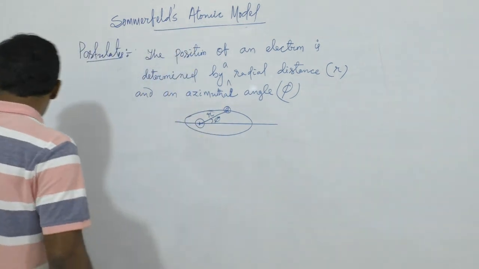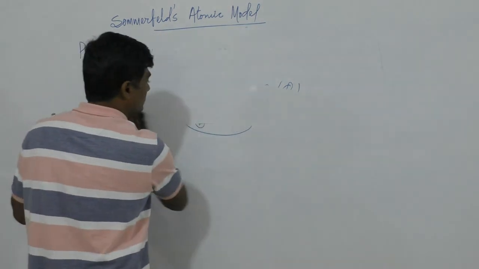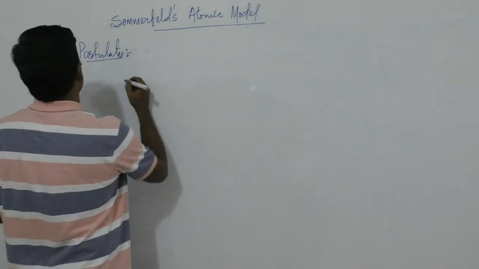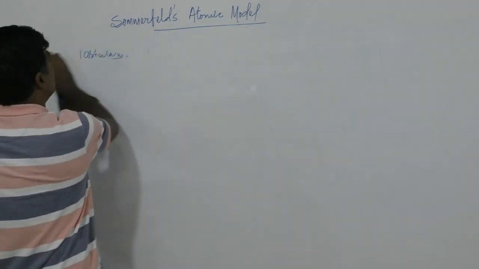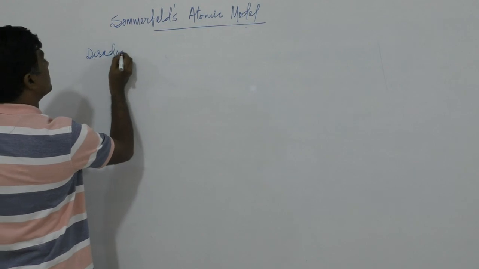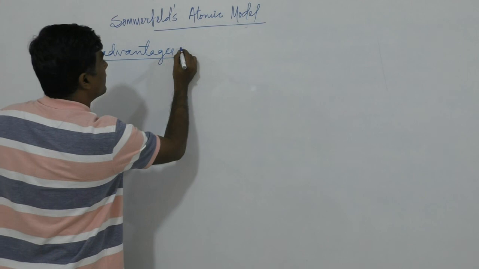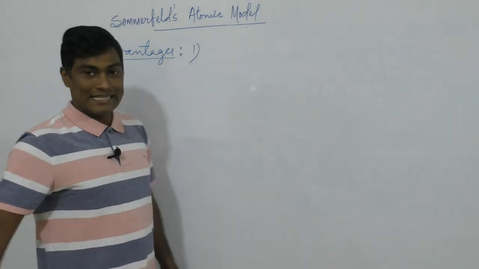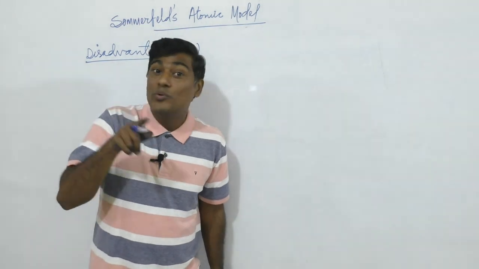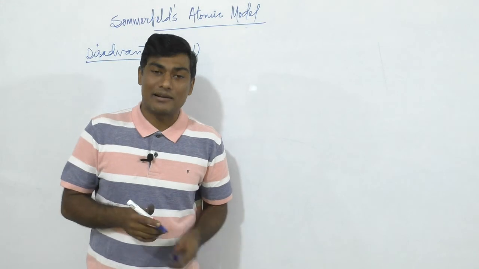These are the disadvantages. The first one is the Zeeman and Stark effect. Like Bohr's atomic model, it could not explain the Zeeman and Stark effect.